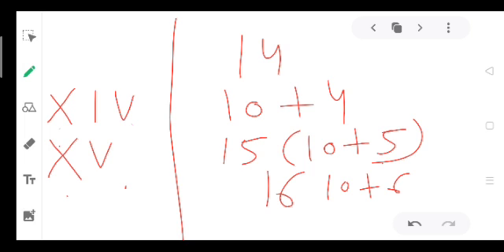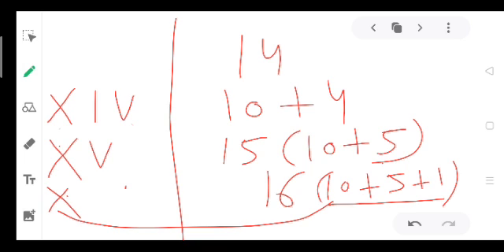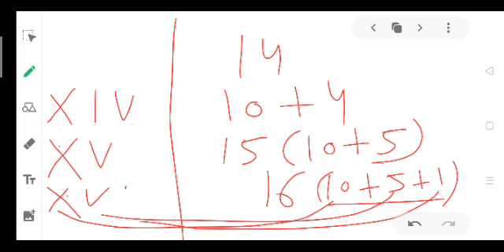For 6 we do not have the symbol, but expand this one also: 10 plus 5 plus 1. Now we have all these Roman symbols for these values. For 10 X, for 5 V, for 1 I. So what is the Roman symbol for 16? XVI.